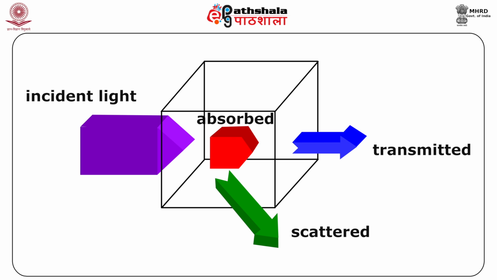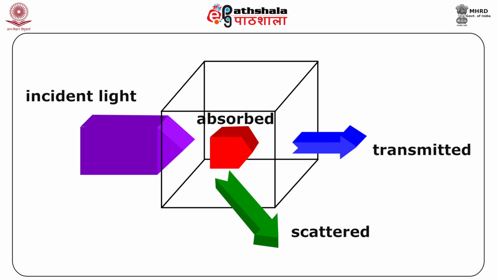There are two laws governing the absorption of radiation, which are related to the incident light taken as I naught, which should be equal to IA plus IT, where IA is the intensity of light absorbed, that is, the small a represents the word absorbed, and IT is the intensity of light transmitted, where the small t represents the word transmitted.